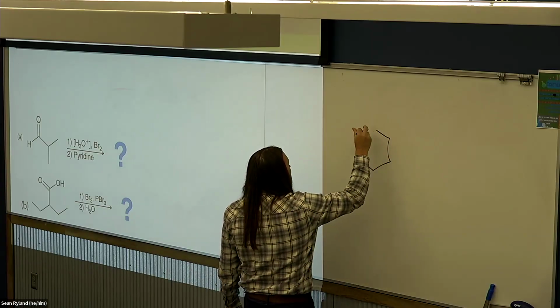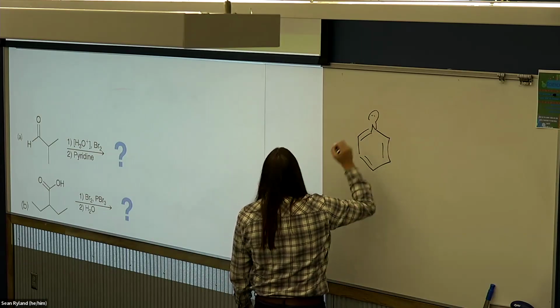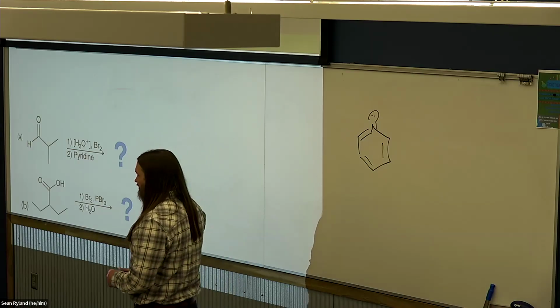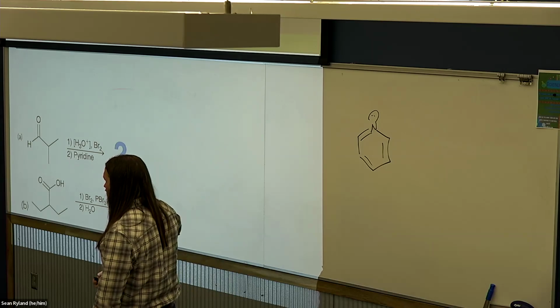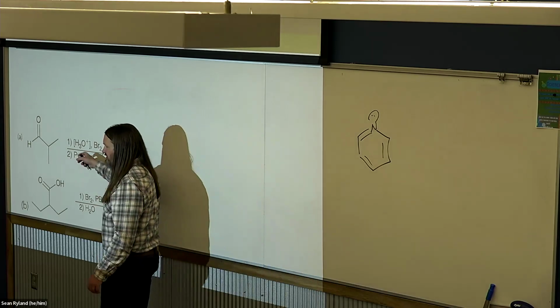If I'm remembering correctly, I believe that this one's pyridine. So it's a base, but it's too big to be a nucleophile. So it's not going to give us any side products, any addition products. It's just there to counteract the extra H3O plus at the end.